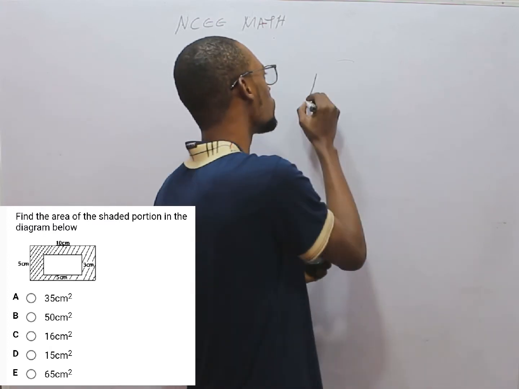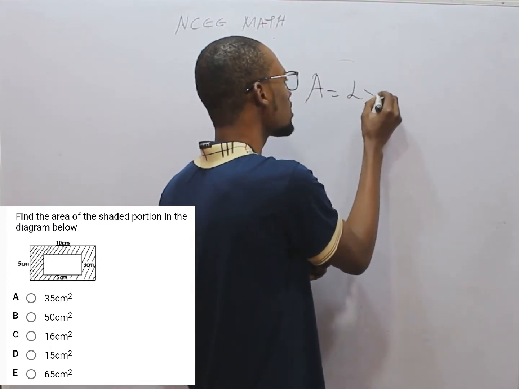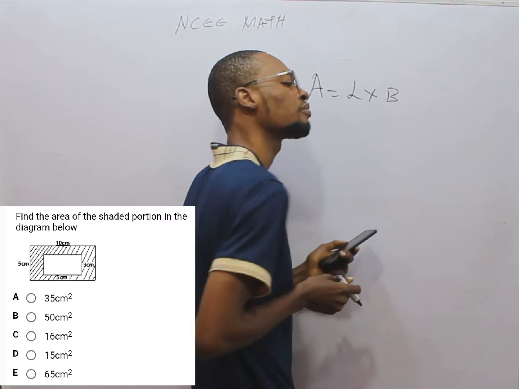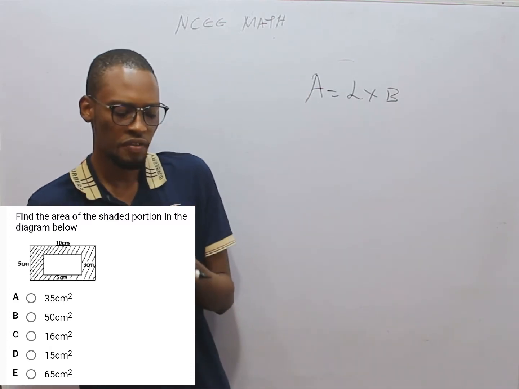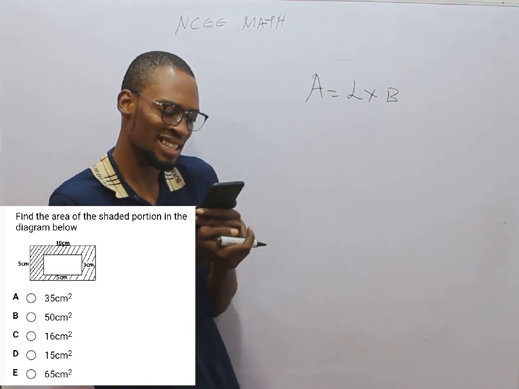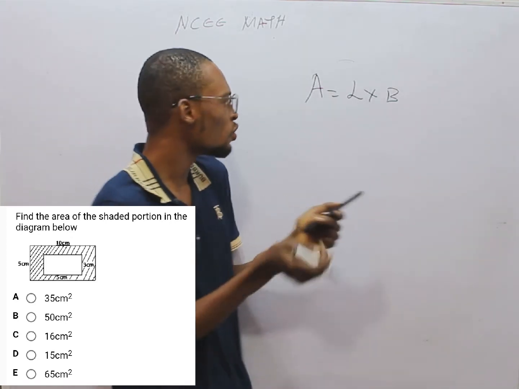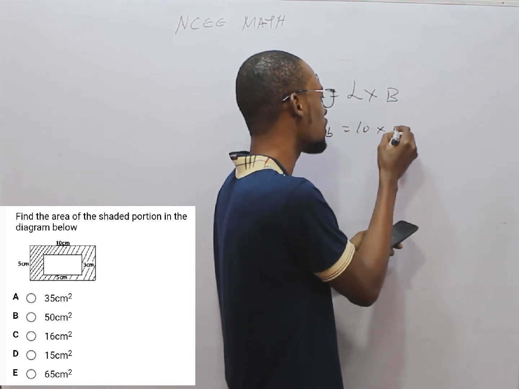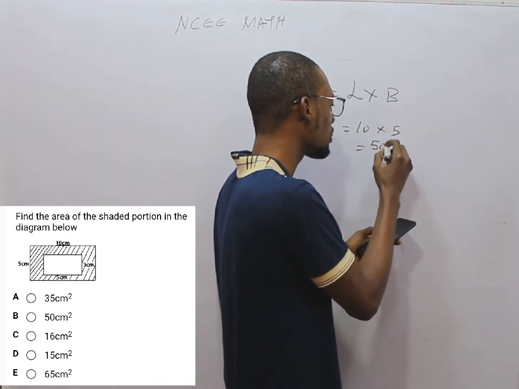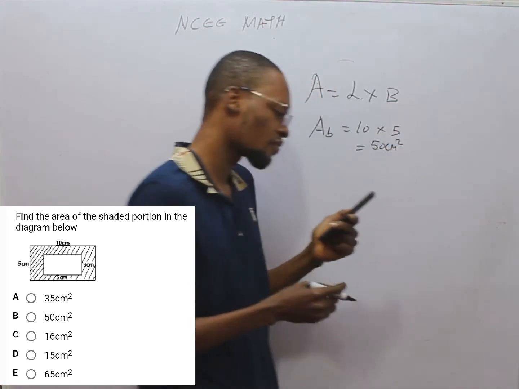Area of a rectangle is length times breadth. For the big rectangle, length is 10 and breadth is 5, which means the area of the big one is 10 times 5. That is 50 centimeter square.